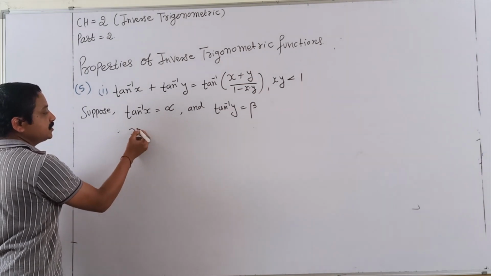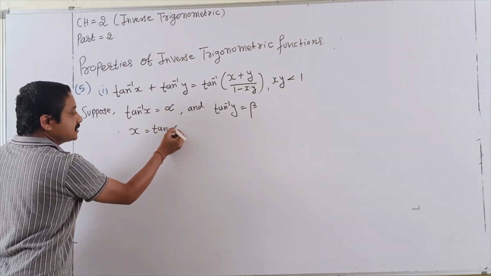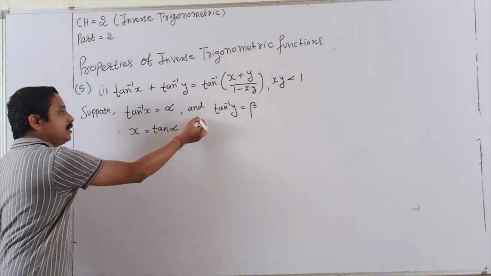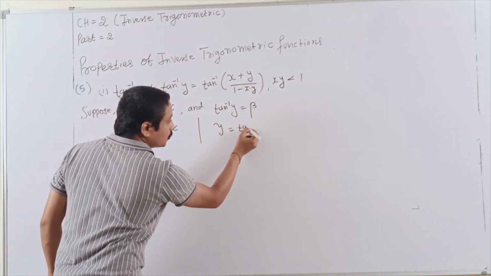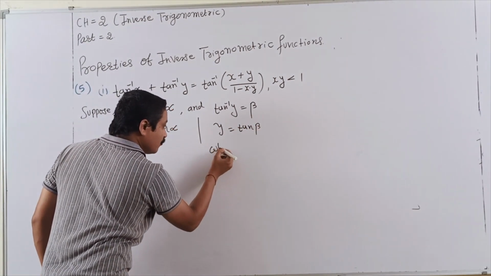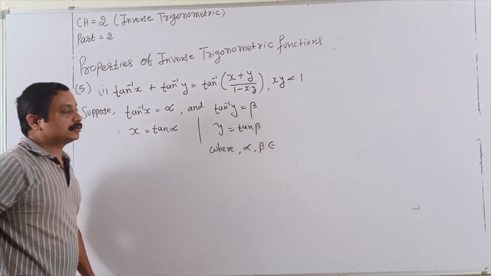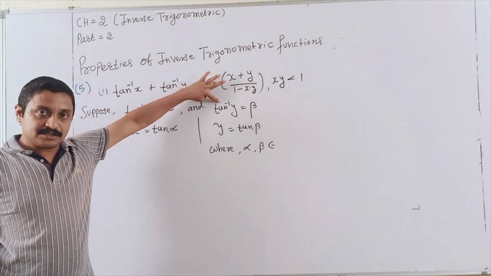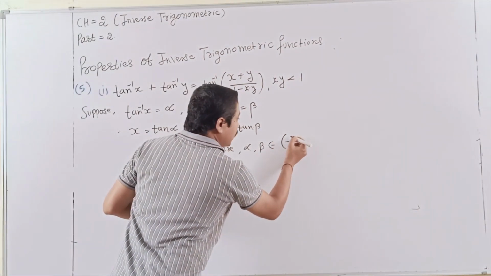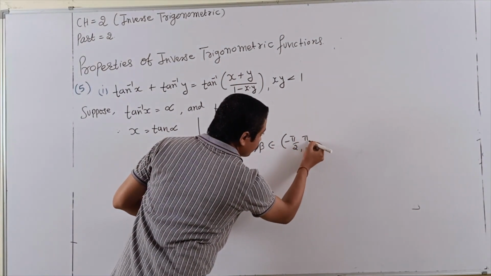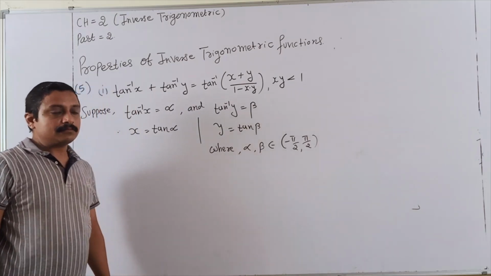So what is x equal to? Yes, it is tan alpha, and y is equal to tan beta, where alpha and beta belong to the range of tan inverse. Yes, you know the range, minus 90 to plus 90.